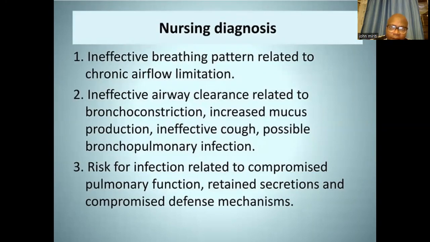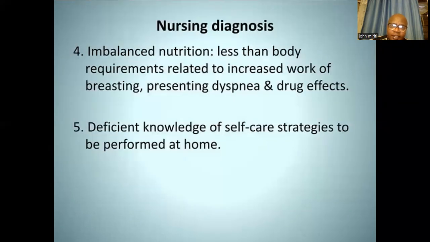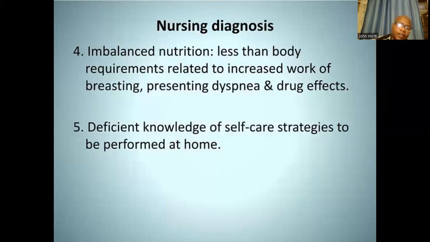The nursing diagnoses are ineffective breathing pattern related to chronic airway limitation, or ineffective airway clearance, risk of infections, imbalanced nutrition, and also you teach on knowledge and the self-care strategies which should be performed at home.